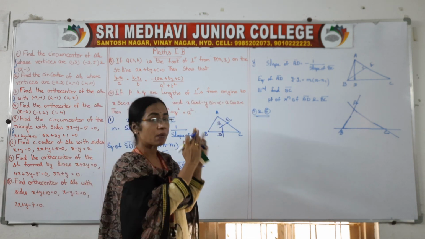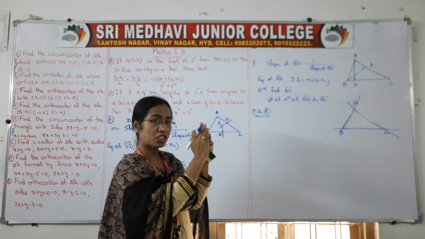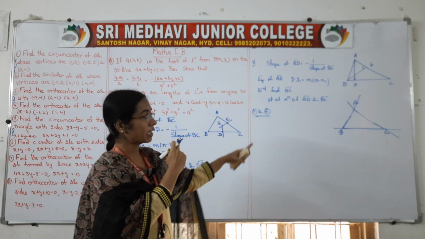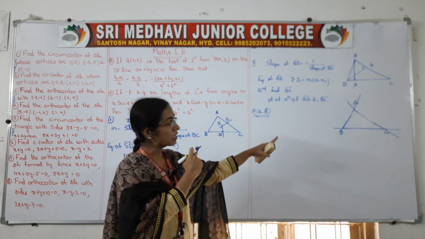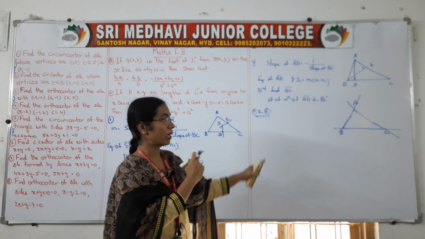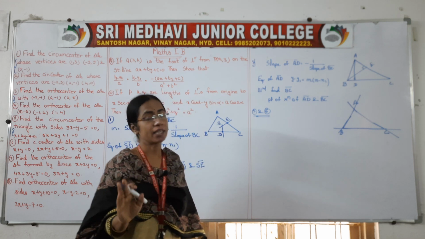The point of intersection of two lines gives one vertex, isn't it? First try to get your vertices.